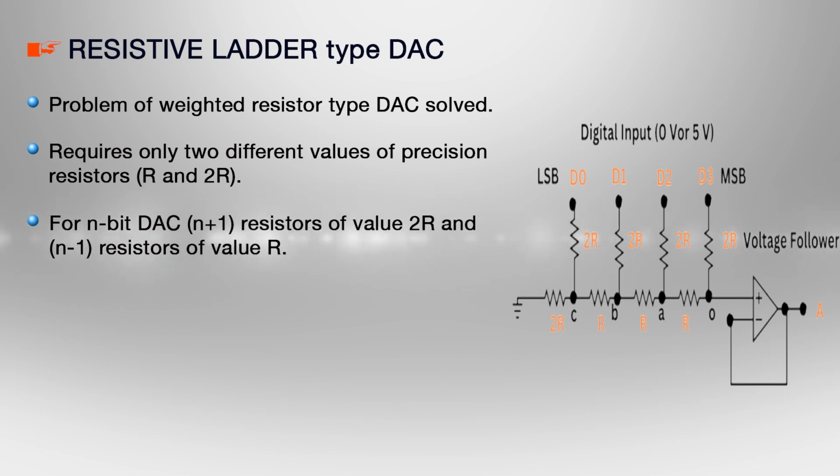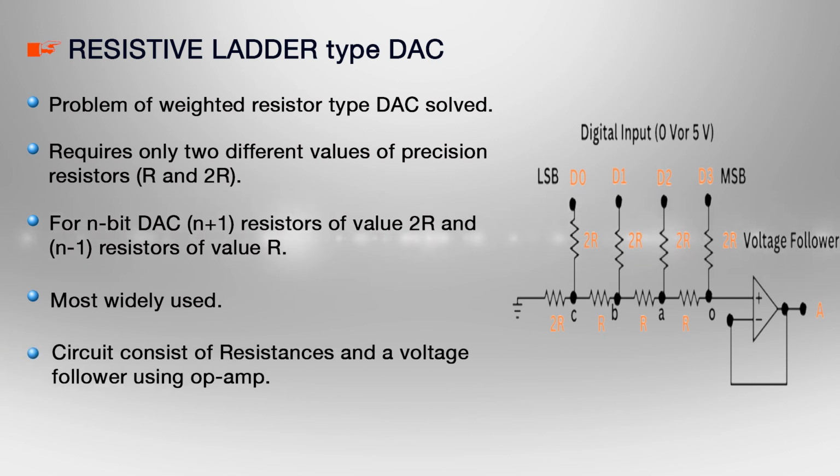For an n bit DAC, n plus 1 resistors of value 2R and n minus 1 resistors of value R are required. Manufacturing the same value of resistor in bulk is easier compared to manufacturing different values of resistors. That is why the resistive ladder type DAC is more widely used.